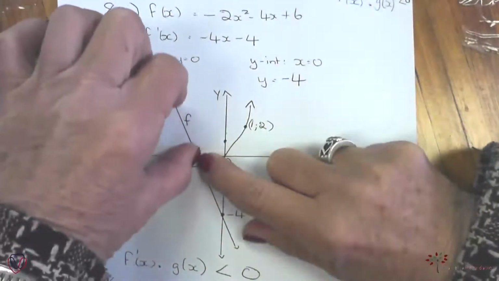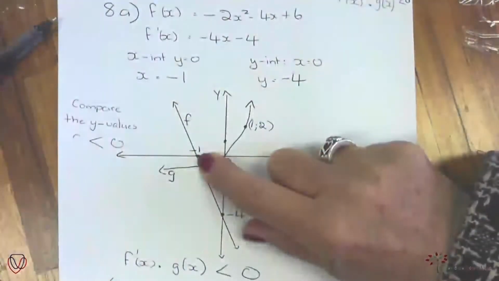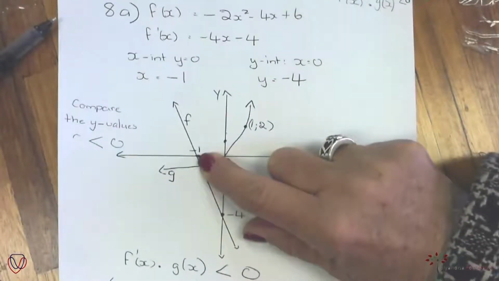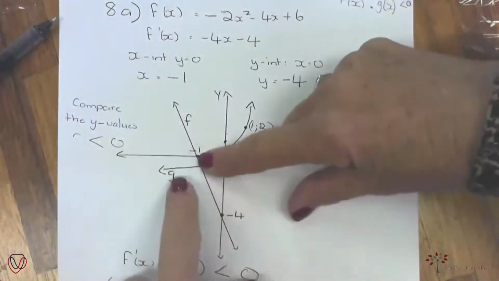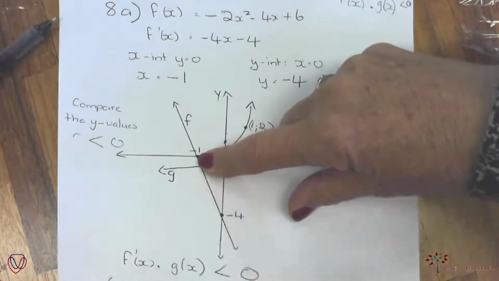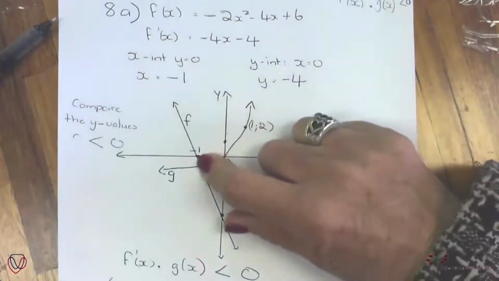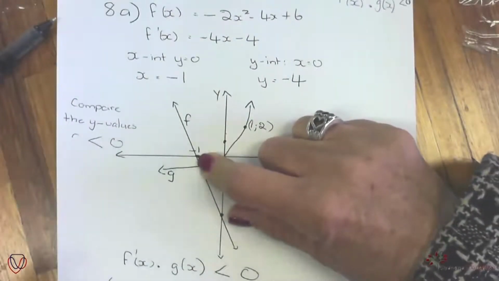That piece of the f graph is on the positive side of y. This piece of the exponential graph is on the negative side of the x-axis, as well as the negative side of the y-axis. We compare the y values. So it's negative here, positive there. A positive times a negative gives you a negative, smaller than 0.